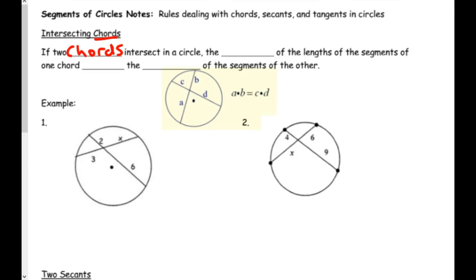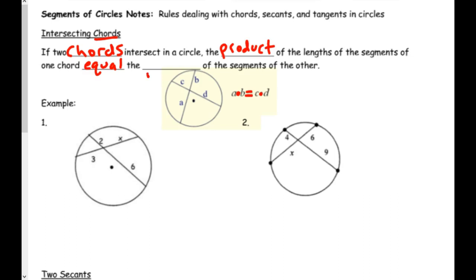Okay? So, if you got two chords in a circle, the blank of the lengths of the segments. Okay? So basically, the two parts of that chord are going to be multiplied. We call that the product. The product of the lengths of the segments of one chord equals, right? We got an equal sign right here.